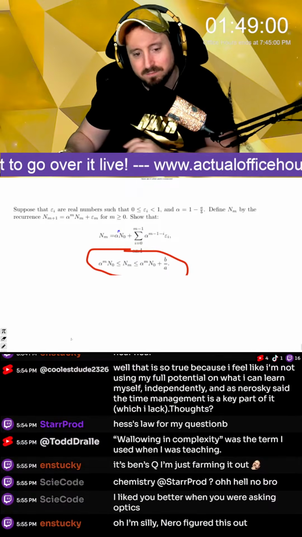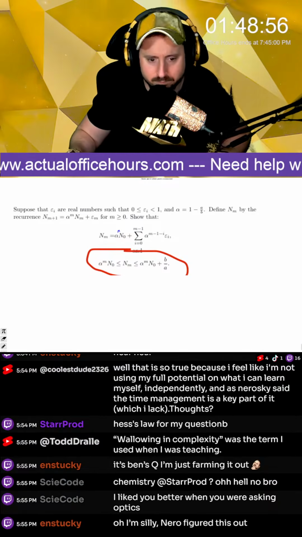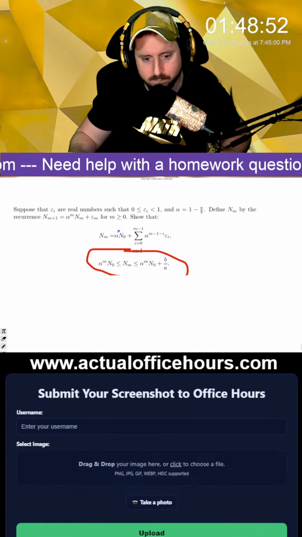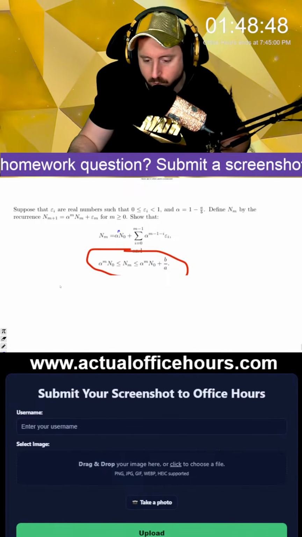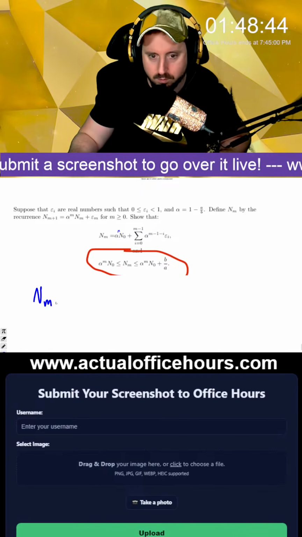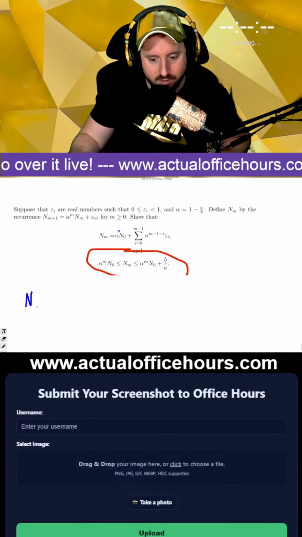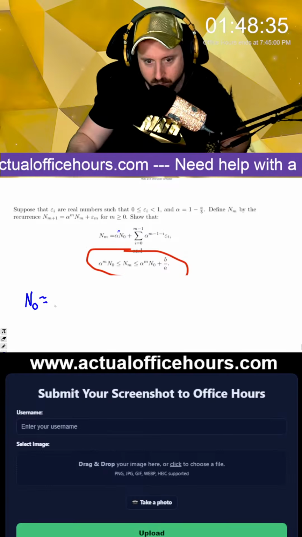So they give you the pattern, right? They say the recurrence is N sub m plus 1 equals that. I would just substitute m equals 0, 1, and 2 and see what the terms are. It's always a good idea. All right. N0 is just whatever, we don't know what N0 is.